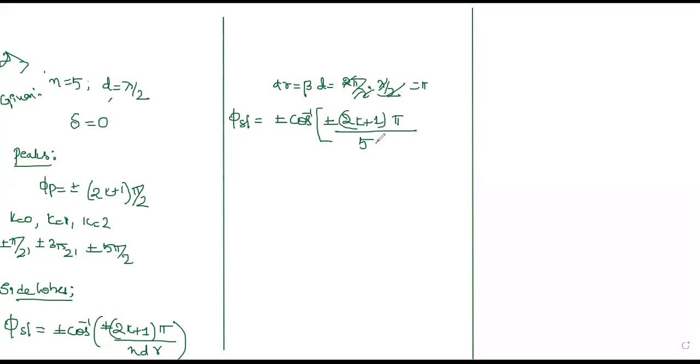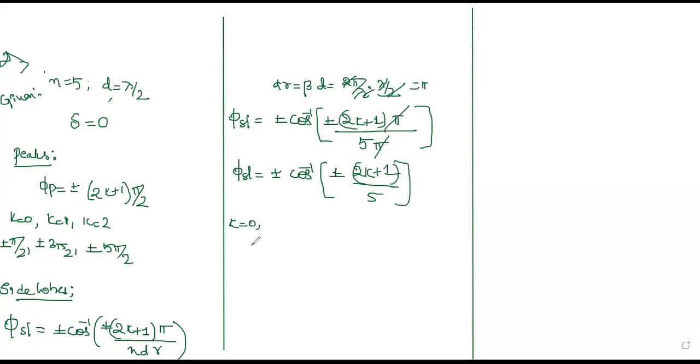The N value is 5. So you will have the equation where you have to substitute k as cos inverse of plus or minus (2k plus 1) by 5. Now keep on doing, substitute the values.